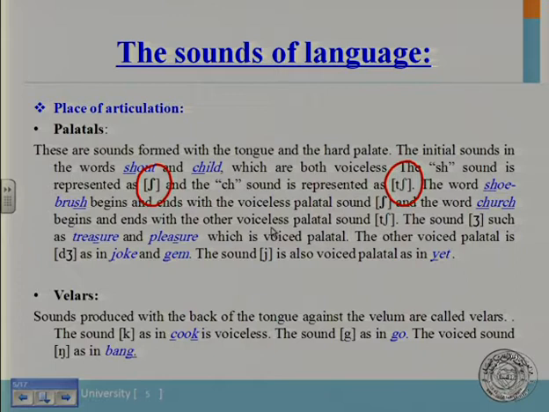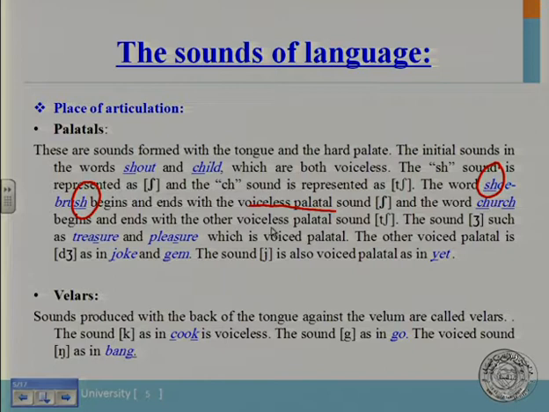Shoe brush begins with sh and also ends in sh. So these two sounds, as in shoe and as in brush, are voiceless sounds.